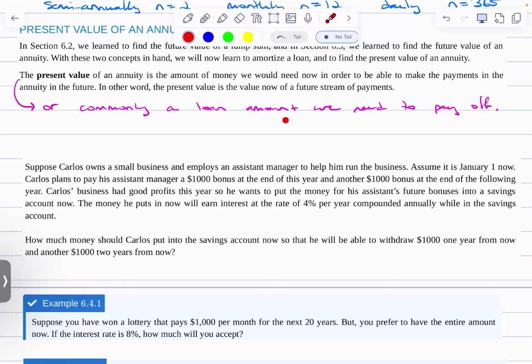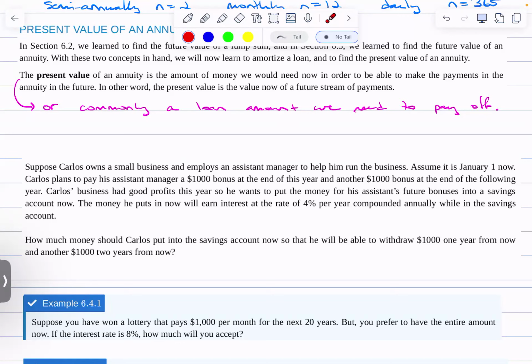If you're paying off a loan, what would your accumulated amount be? Now we're kind of working backwards. If you're chipping away at a loan, you've borrowed money and you're chipping away at it. At the end of the term, at the end of time t, the amount should be 0 if it's paid off.